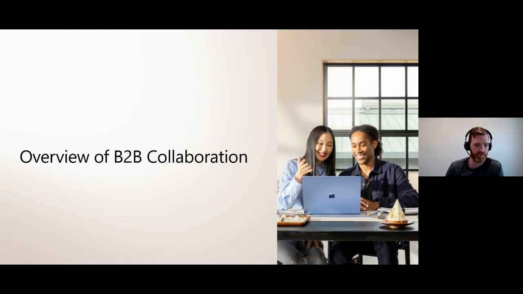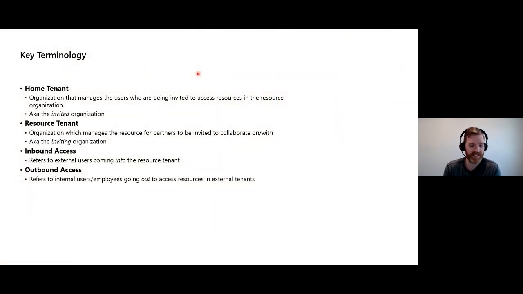So starting with the overview, here are a few key phrases and terminology that I'll be using throughout this presentation, and I just want to briefly go over this so that we're all speaking the same language. When I say home tenant, that means it is the tenant where an identity is originally provisioned, and that is where they're managed.